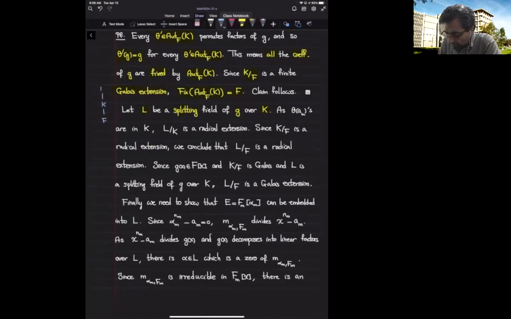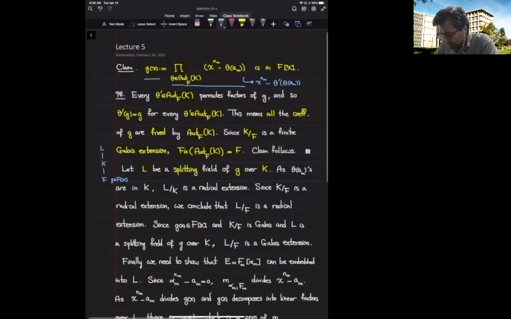And now I'm considering the extension over K, but remember G belongs to the ring of binomials with coefficients inside F bracket X. So I take this, that's what this claim gives us. So G belongs to F bracket X.